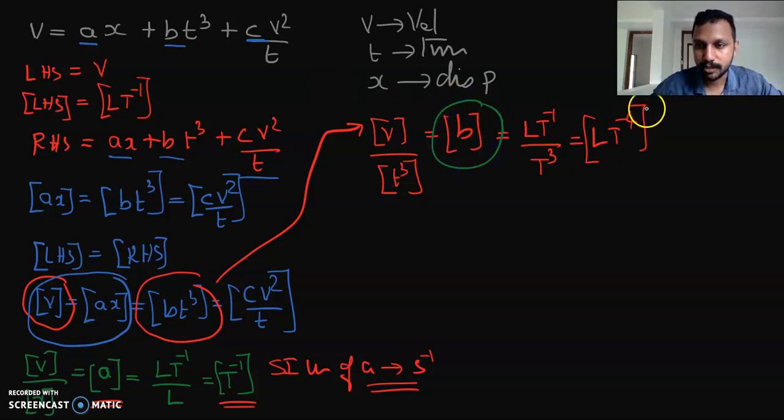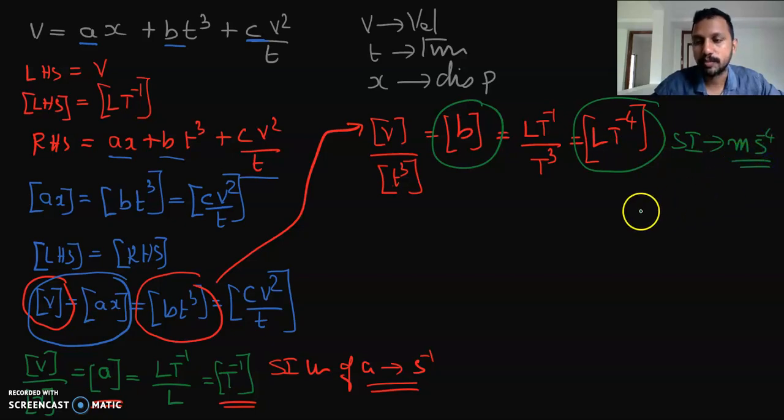The SI unit: L is meter, T⁻⁴ is second raised to minus 4. Therefore, m s⁻⁴ is the SI unit of b.